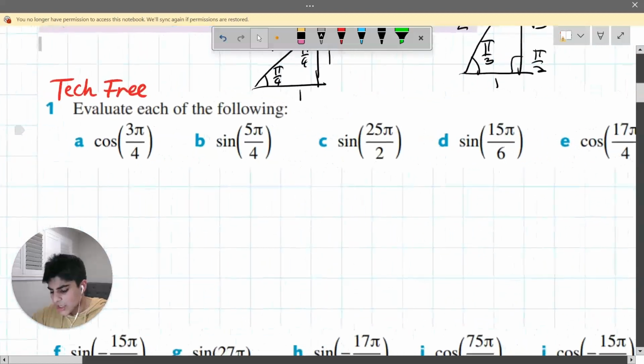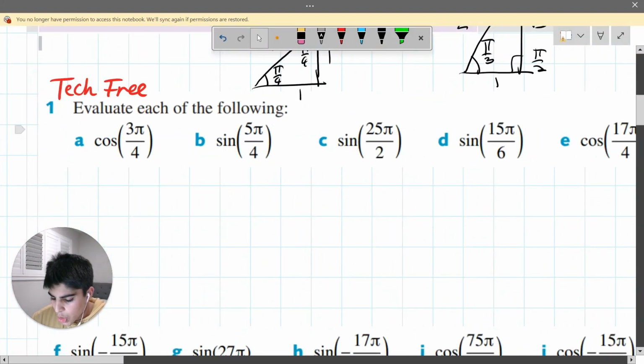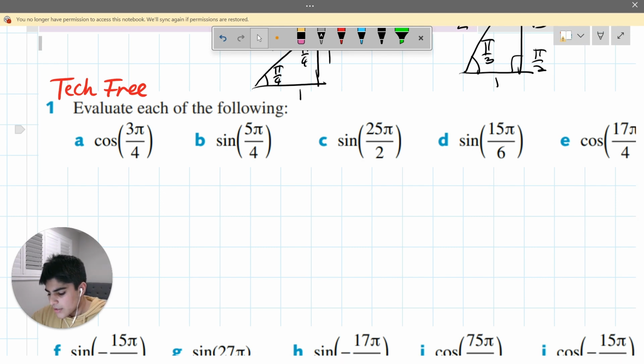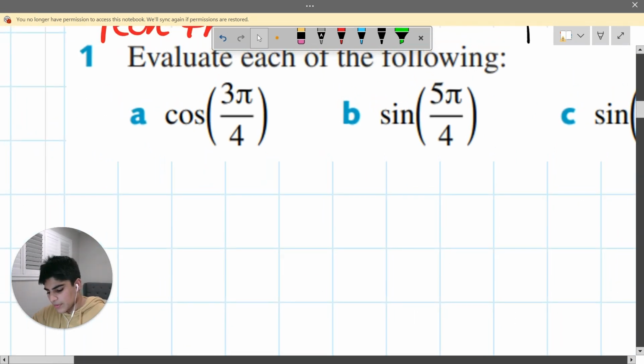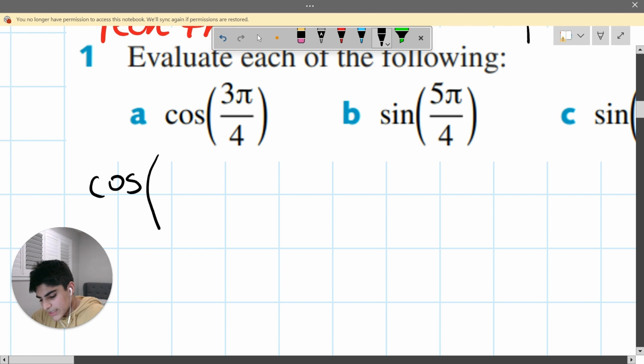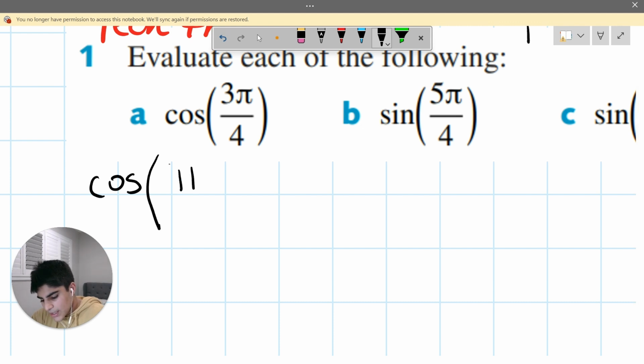Now the first question is asking us to evaluate cosine and sine in radian form. To figure this out, we're going to have to break this up. Cosine 3 pi on 4 equals cosine pi minus pi on 4.